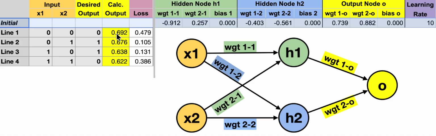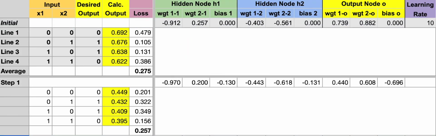Because we used random weights, it's no surprise that the calculated output looks pretty random. Let's go ahead and calculate the average loss. We're going to iterate through the neural network, adjusting the weights and biases using gradient descent and back propagation to try to get the average loss down.